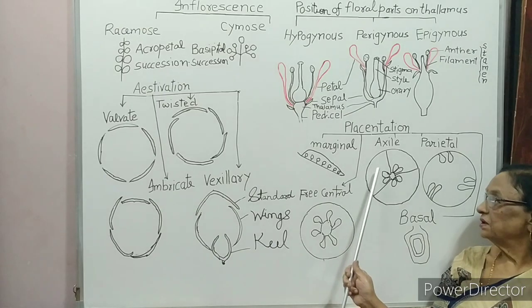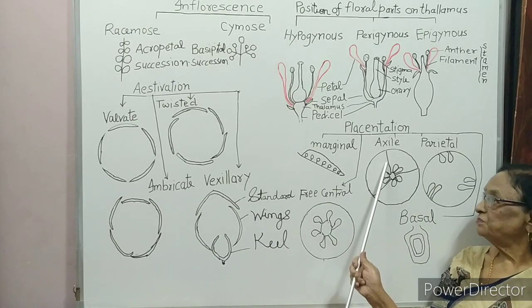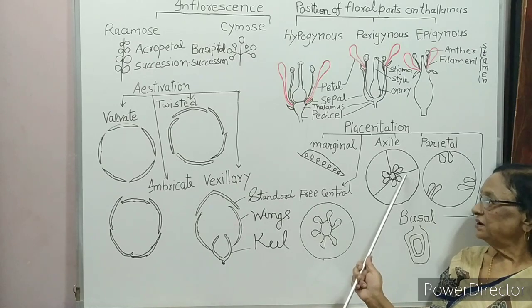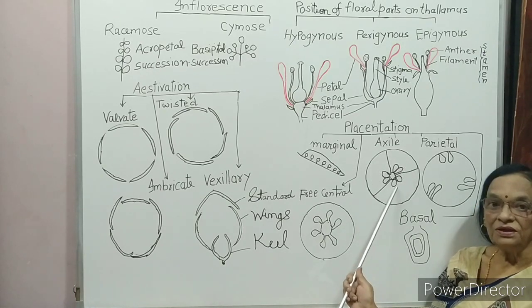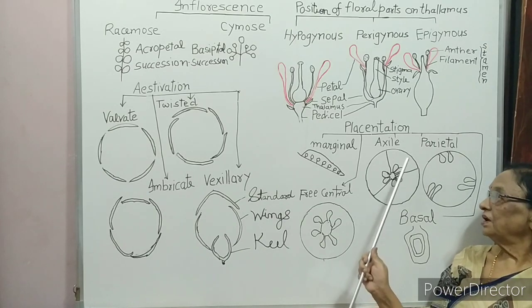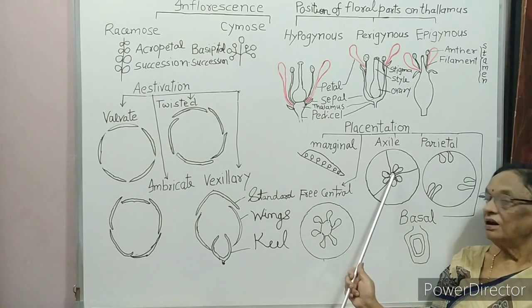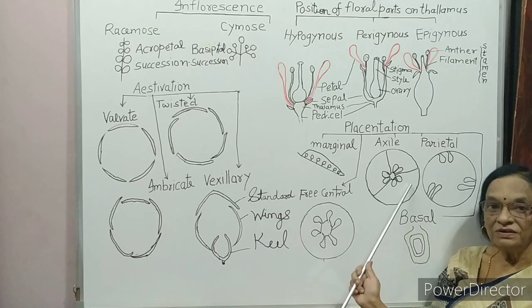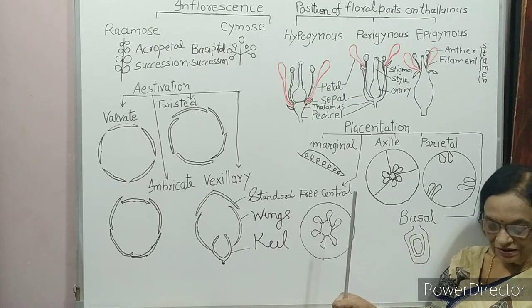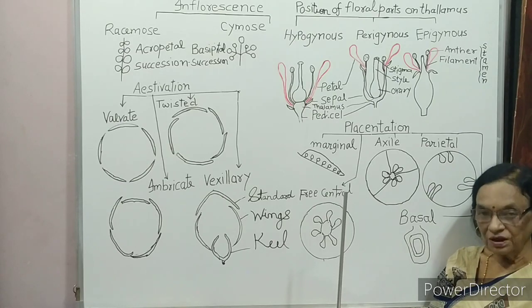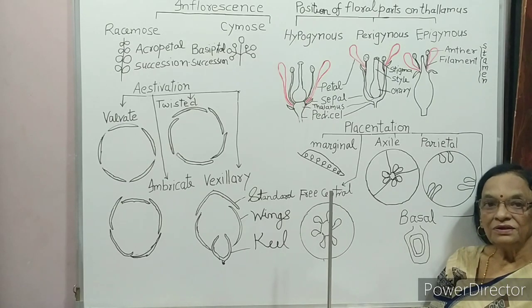Locule means chamber. Here you can see the partition divides the ovary into 1, 2, 3 locules, and from the center of the ovary arise the ovule. It is seen in China rose, tomato and lemon.